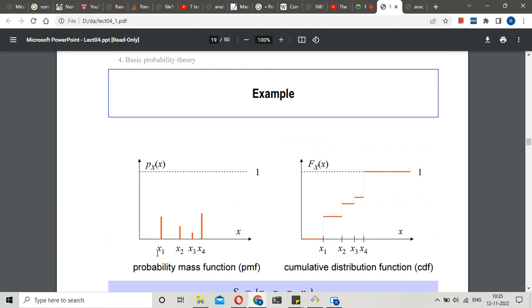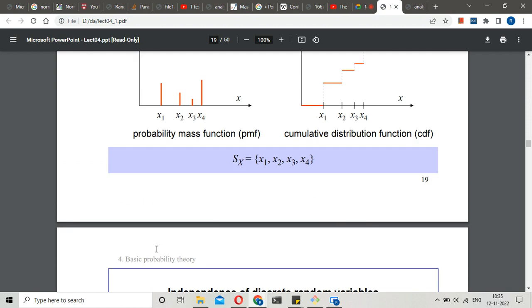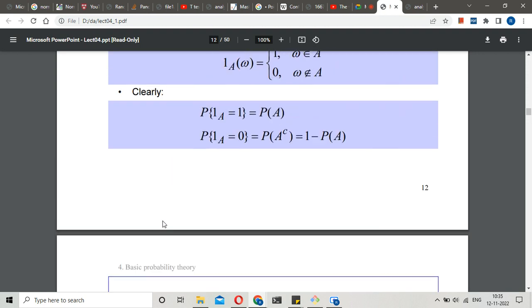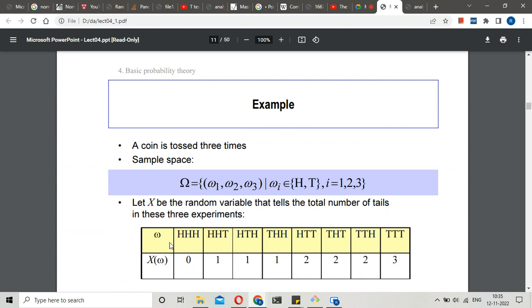There is an x-axis, that is like the number. In that example, how many times we get 1 and 0, sorry, on dice, how many times. I also drew this example: number of heads, a number of tails actually.